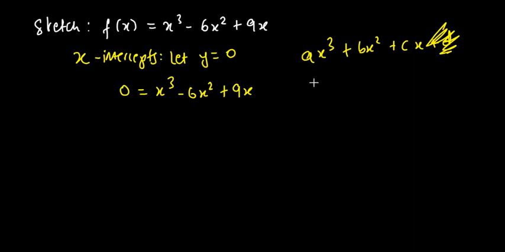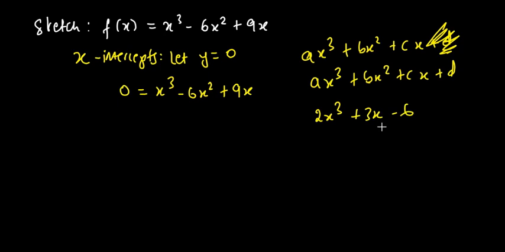But if you do have d, but maybe you do not have b, like something like 2x cubed plus 3x minus 6, in this case you have d, so you can use synthetic division.